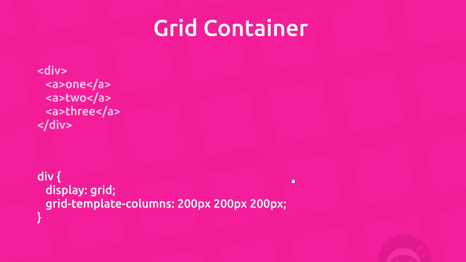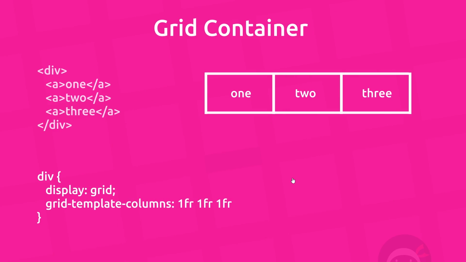Now you can use pixels if you wish for defining your column widths. But what I prefer to do is use something called fractions, and that looks something like this. So we'd say grid-template-columns, 1fr, 1fr, 1fr. Now the difference is that the fraction unit right here will mean that whatever the full width of the grid is, then each column should be 1 equal fraction of that grid.